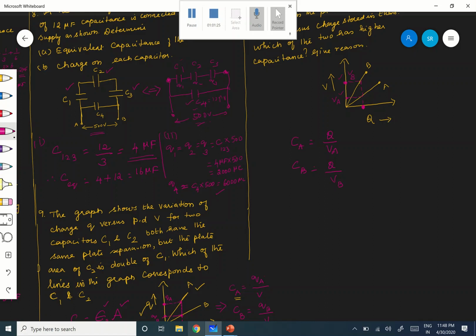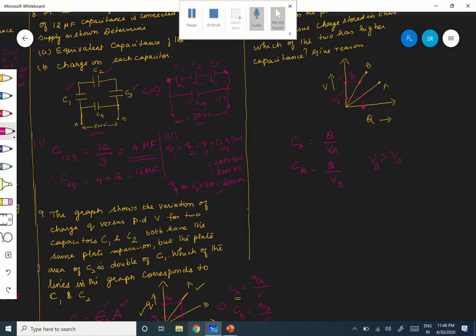Now VB and VA both correspond to the same charge. Therefore, CA is equal to Q by VA, CB is equal to Q by VB. Here VB is more than VA, correct?